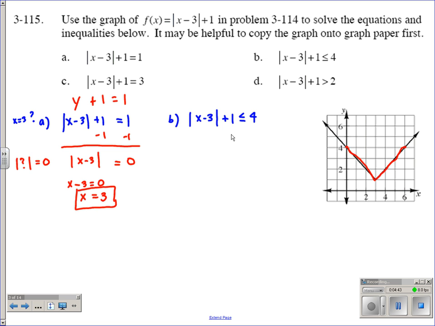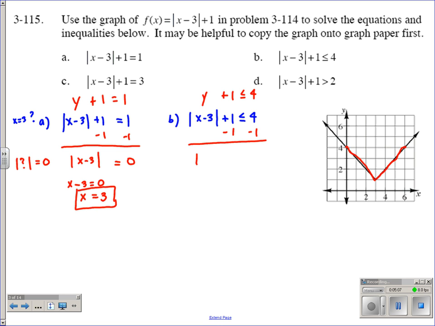But let's look and see how we do that. So we're going to solve this one from a similar standpoint. We want to isolate our absolute value brackets there. So we have to get rid of everything that's not attached to it. So we have to get rid of that 1 again.